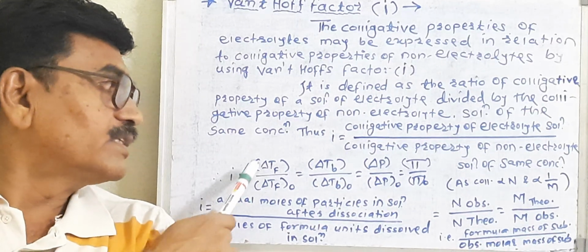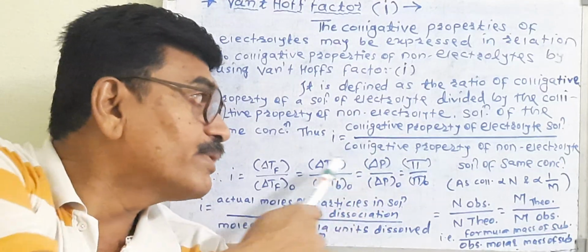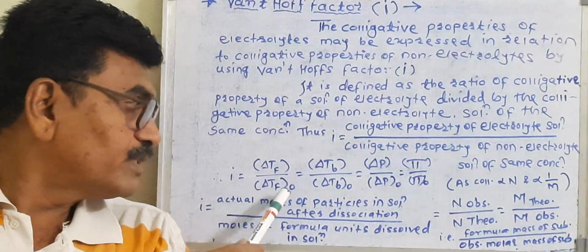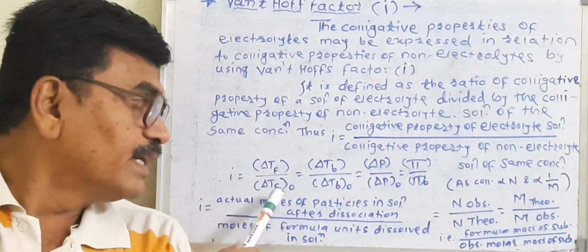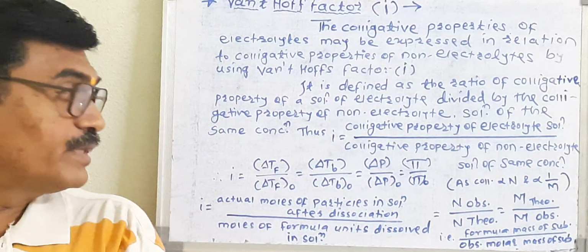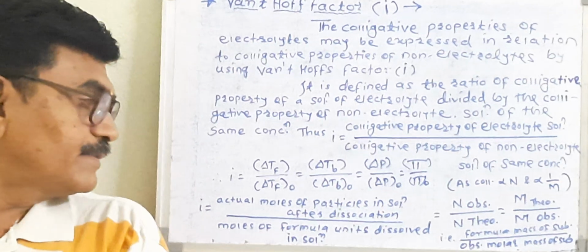The terms present in the numerator represent the qualitative properties for the electrolytic solutions, and the terms with subscript 0, in the denominator, represent the qualitative properties for the non-electrolytic solutions of the same concentration.